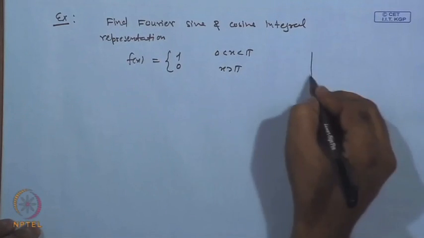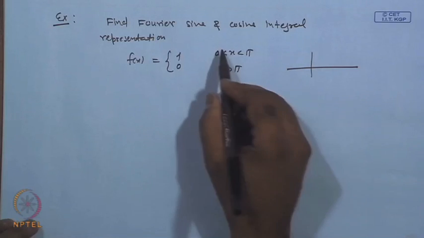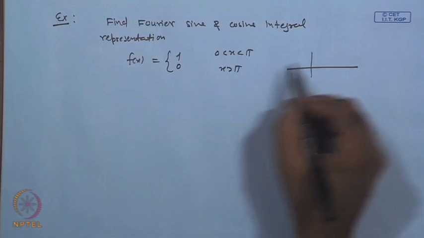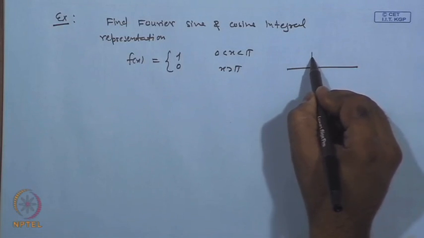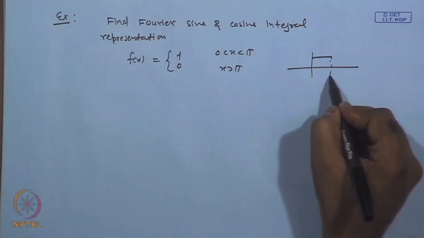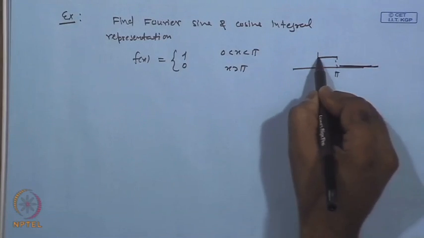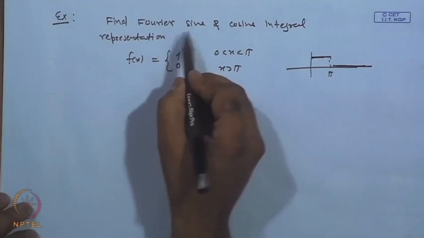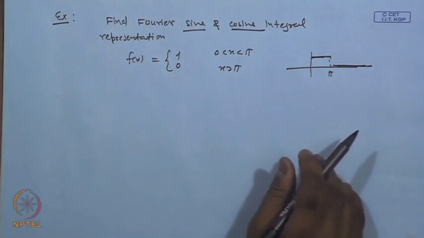So, this function is given, it is defined from 0 to infinity only. So, we have one value, and then when greater than pi is 0. So, this is the function given, and we are interested to find the sine and the cosine integral.